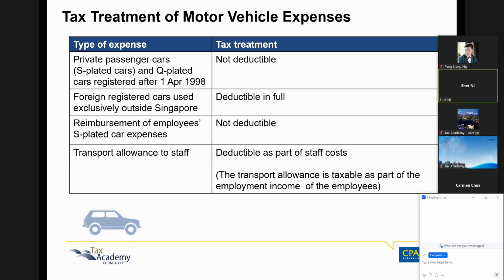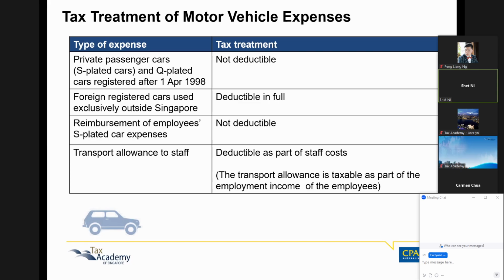Reimbursement of employees' estate car expenses, not deductible, even if they are for business purpose. Then we have the transport allowance to staff. Is deductible as part of the staff costs. But this transport allowance is taxable as part of the employee's income, employment income.